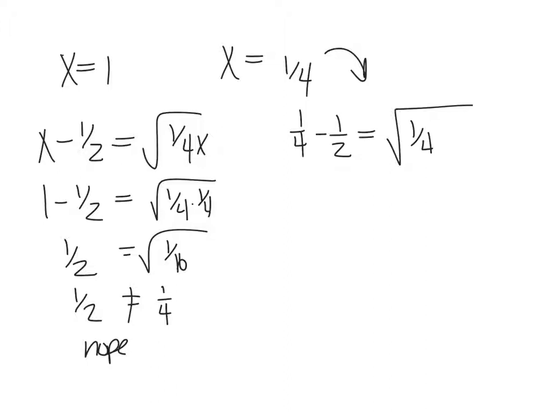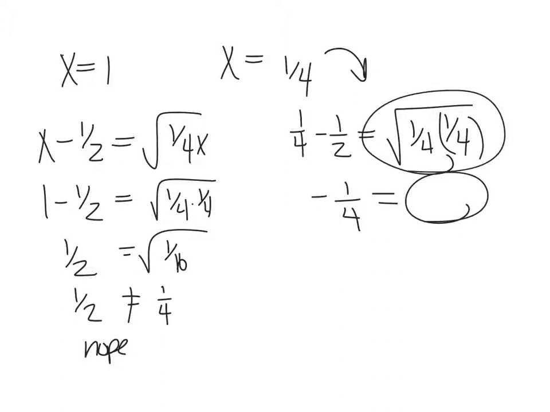I made a mistake on the left, but we'll go ahead and find it. I now see it. So this is a negative. 1/4 minus 1/2 is negative 1/4. And I know there's no way I'm going to get a negative over here because that's impossible. I can't take the square root of anything and get a negative. So I am certain that is a nope.